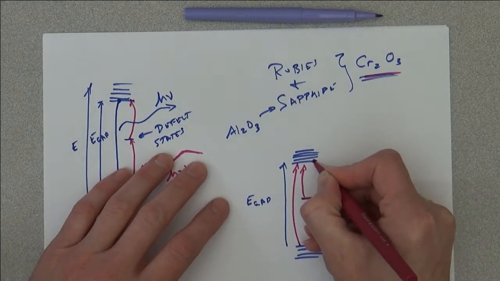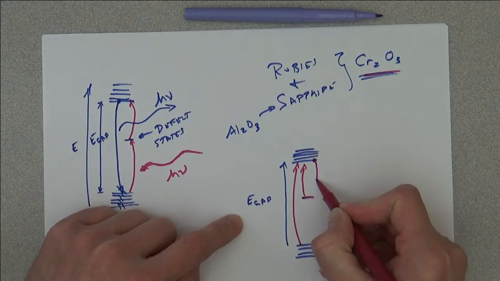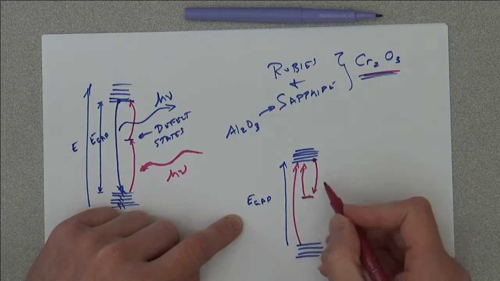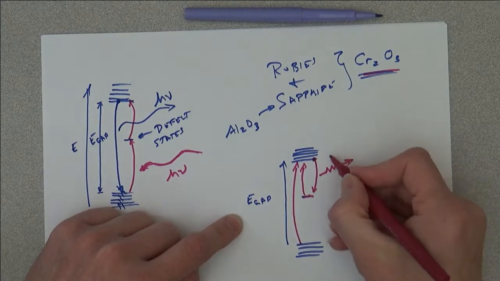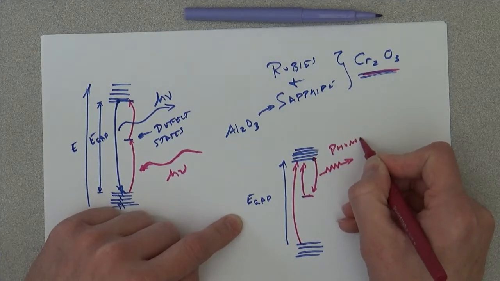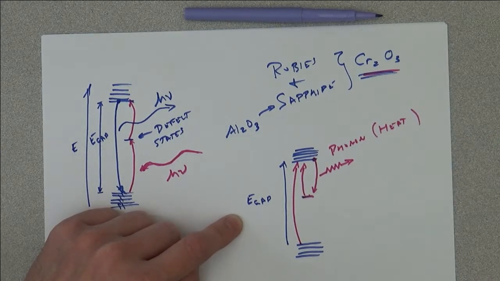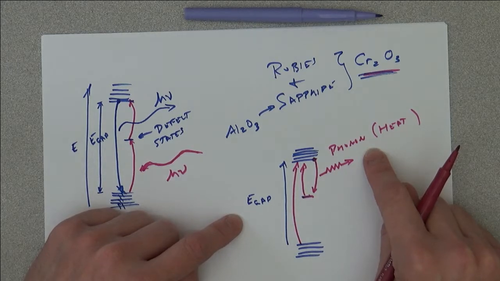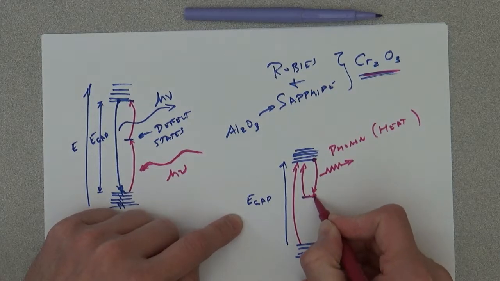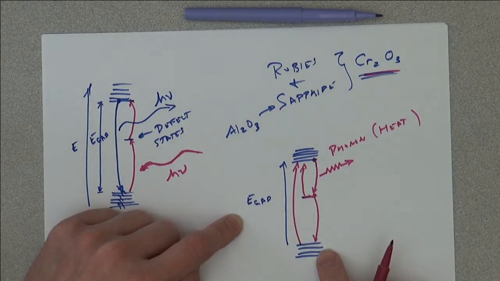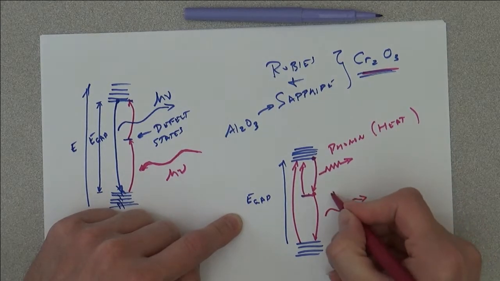And then it will go through a de-excitation process in which the electron will come down here, and that gives off a phonon, heat, so the material heats up as the electrons de-excite. And then there's a second transition from here down into the valence state, and that gives off a photon.